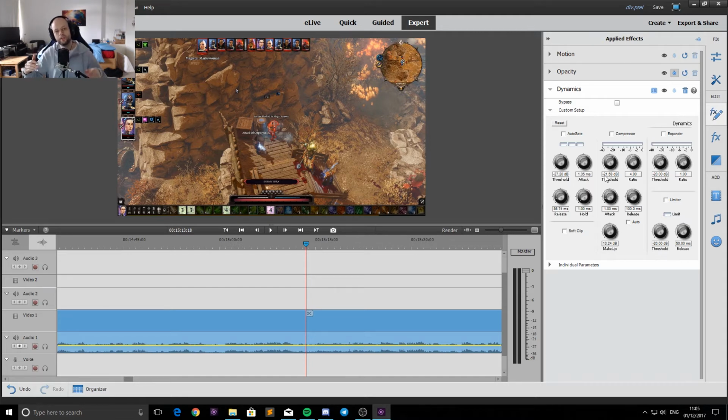The threshold is the point above which compression is going to kick in. So anything above that level of signal will be compressed to the degree that you determine with the other settings. So it's very important to set this so that it captures whatever you're trying to compress. In this case, we do want to compress those quiet strings or whatever is sounding in the background. So that's the threshold for us.